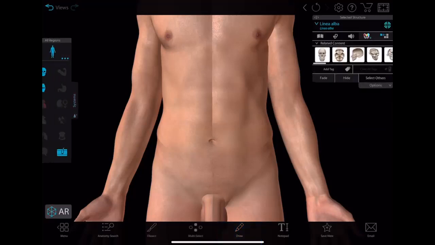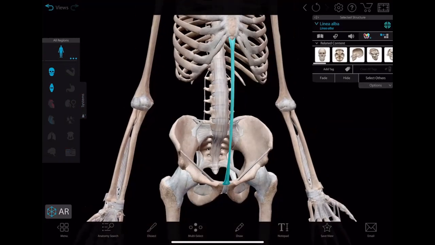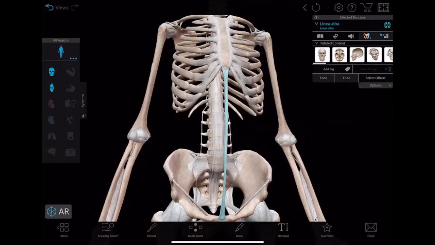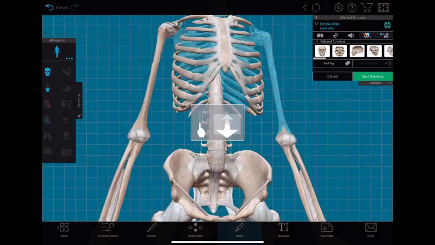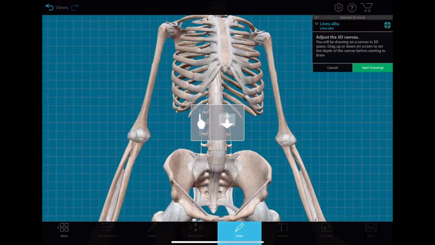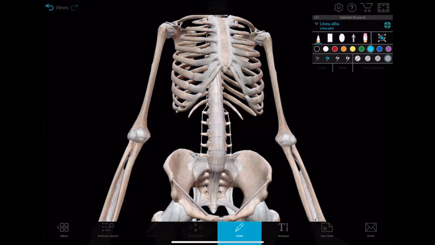So see, so this is the costal margins, right?